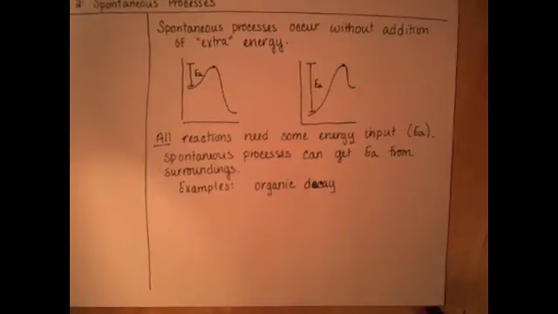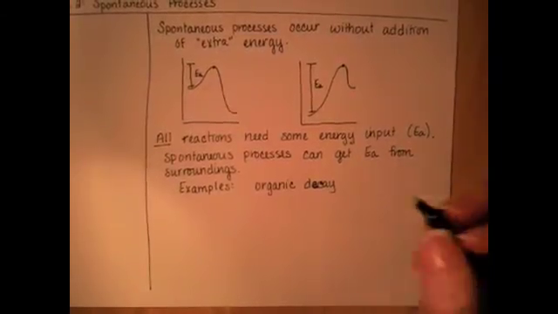That is a chemical process, the organic decay, and it does just happen spontaneously. You don't have to do anything to the dead tree to get it to slowly start decaying.